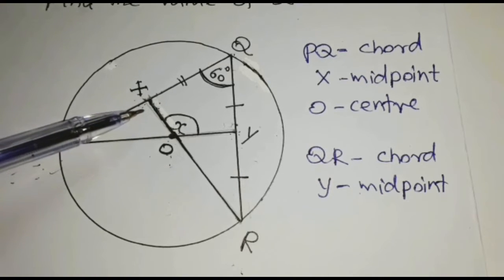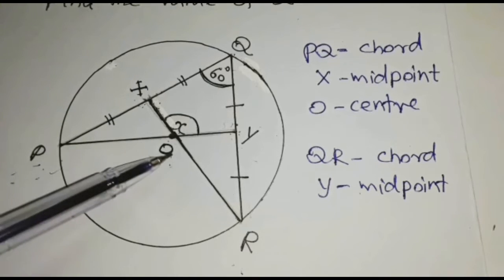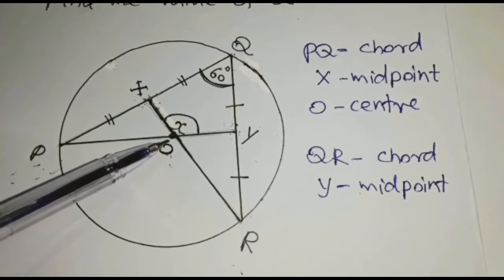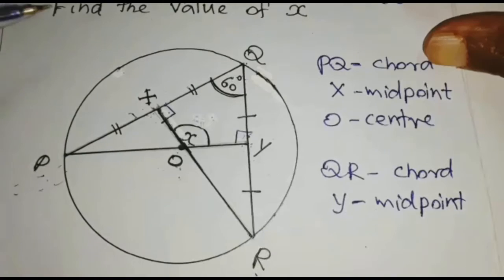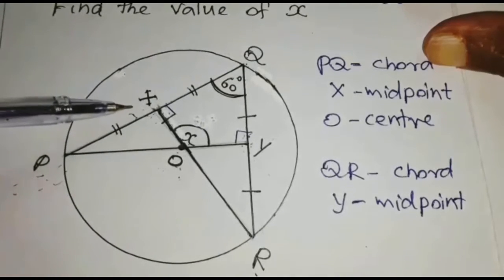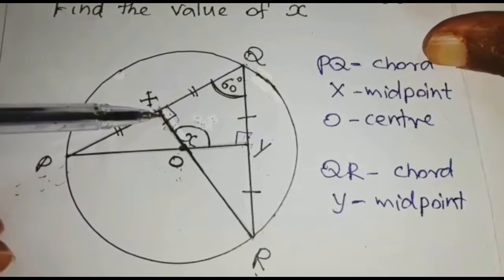According to the chords of a circle theorem, a straight line joining the center of the circle to the midpoint of a chord is perpendicular to the chord. According to the theorem, the straight line OX is perpendicular to QP. That means angle QXO is 90 degrees.